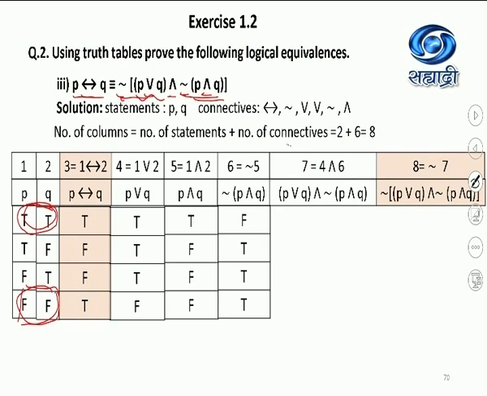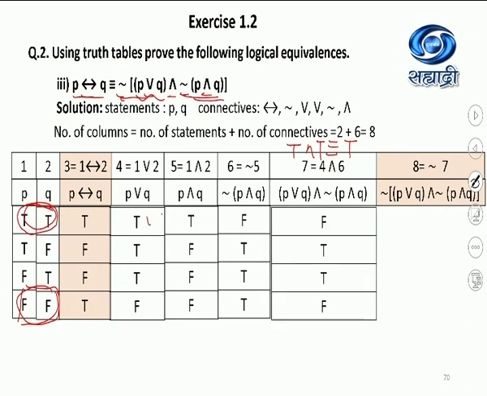And that means, we all know, though I have used these hints in the previous session, to begin with I'll give you the hint in this session also. So only T and T is T. So where do we have it? Column 4, P or Q? Yes. Nowhere can you see it is F.